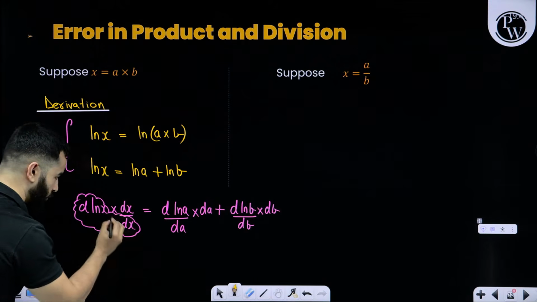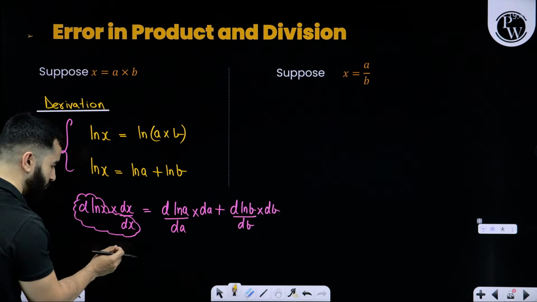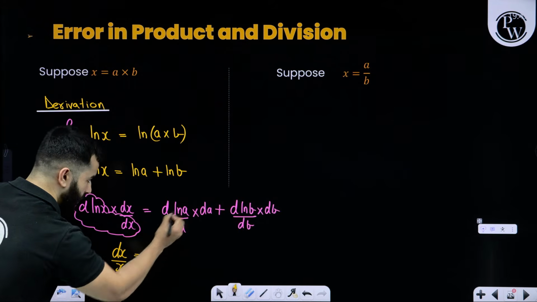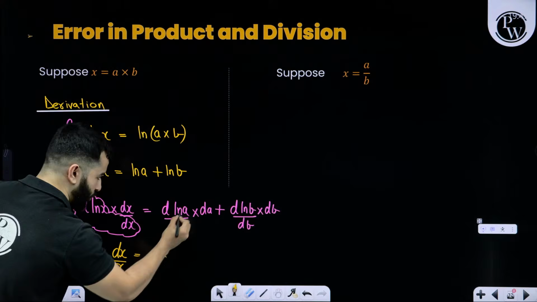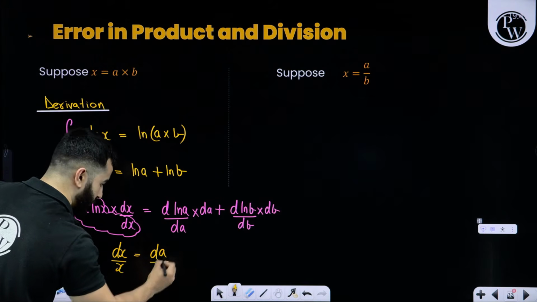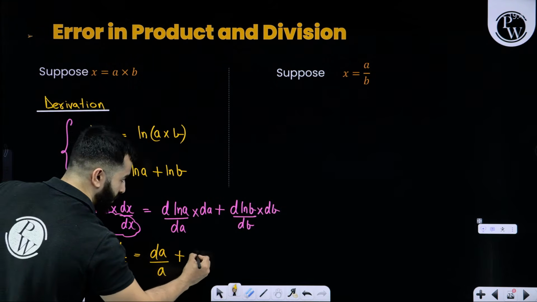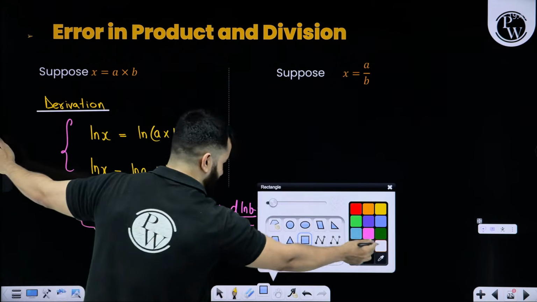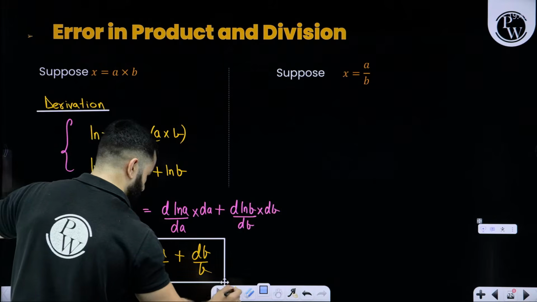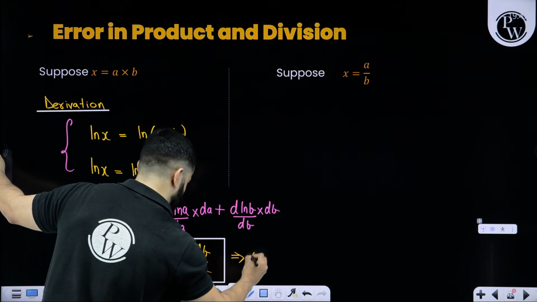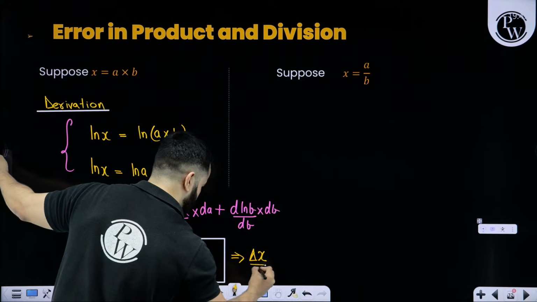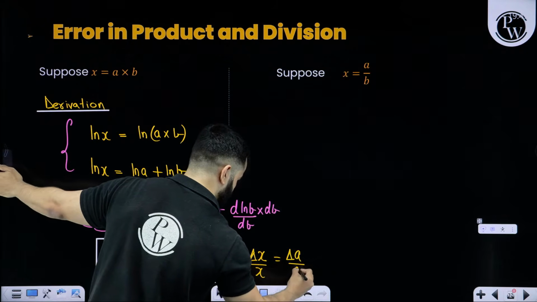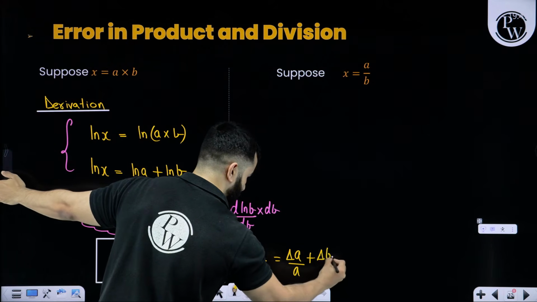Differentiation of natural log x will become 1 upon x, so this will become dx upon x. Differentiation of natural log a will become 1 upon a, so this will become dA upon a, and this will become dB upon b. Now rewriting this entire thing, we get delta x upon x is equal to delta a upon a plus delta b upon b.